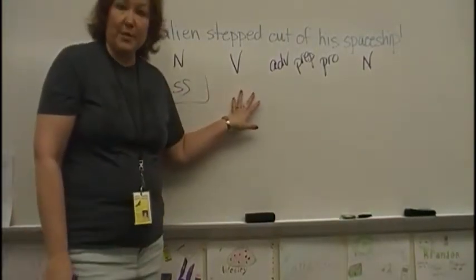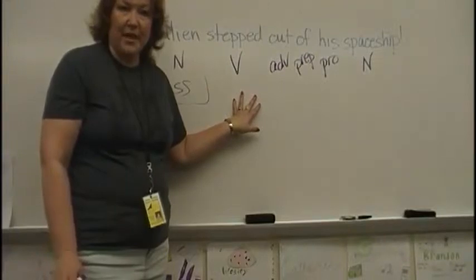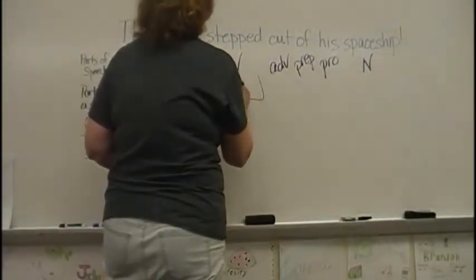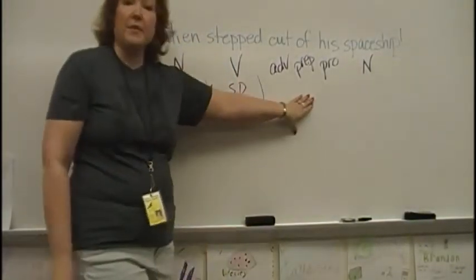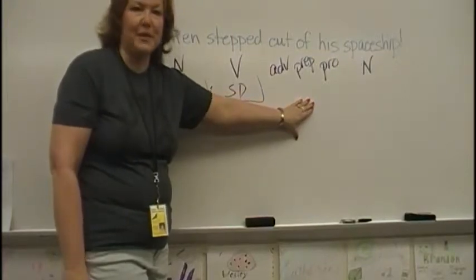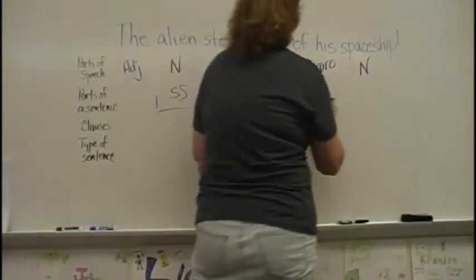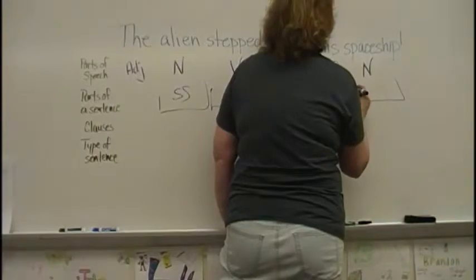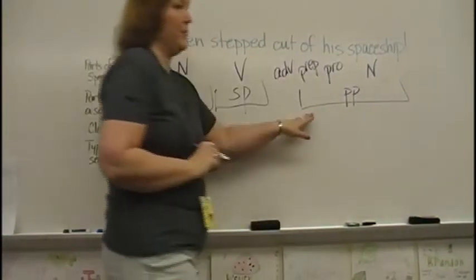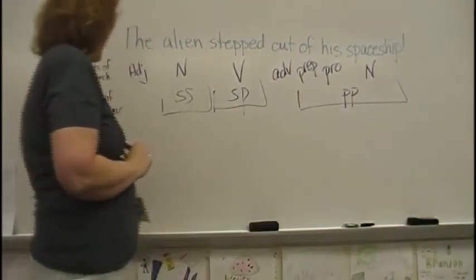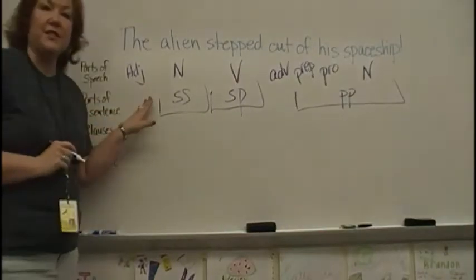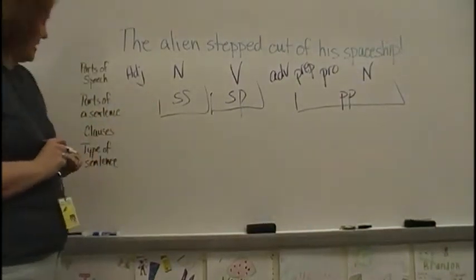Stepped is the verb, that's the simple predicate of the sentence. We have a preposition. When you have a preposition, you have a prepositional phrase. And that ends with the first noun after the preposition. Okay? So that completes the parts of a sentence for this particular sentence.